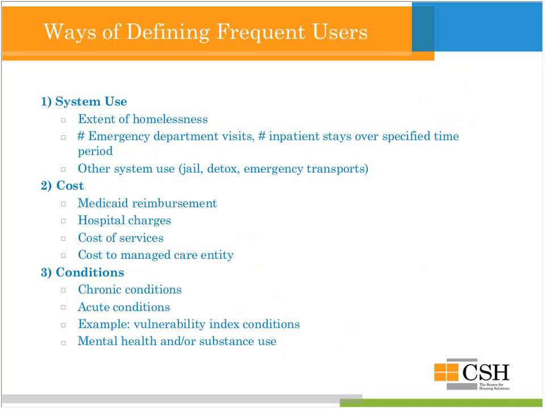In terms of system use, obviously data from the system should be matched and used to determine true cross-system use over a specified time period. The time period should be recent to reflect recent issues.